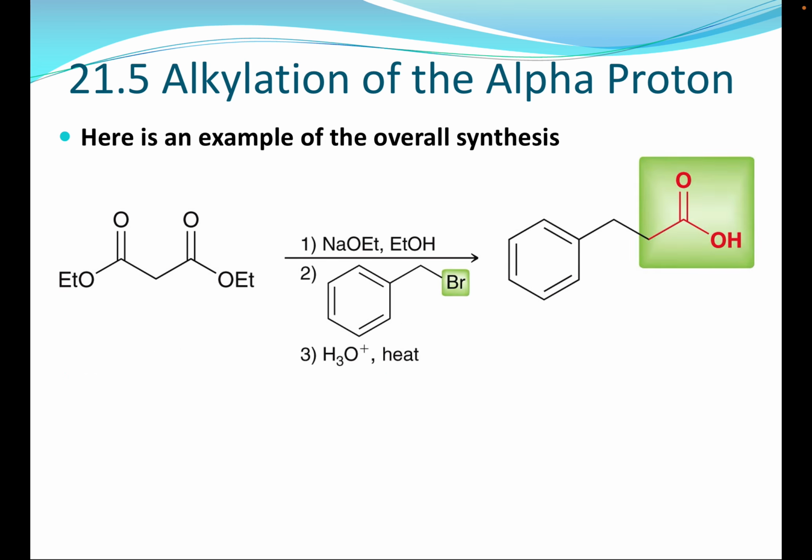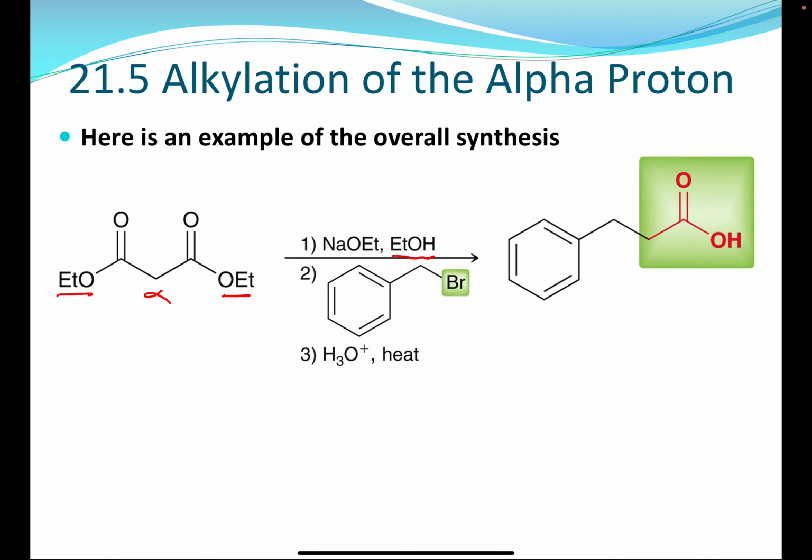So here's an overall synthesis example of the alkylation and the malonic ester synthesis. So once again, we know it's diethyl malonate because here's our diethoxymalonate because we've got this guy with the 1 alpha position. So our sodium ethoxide and ethanol.